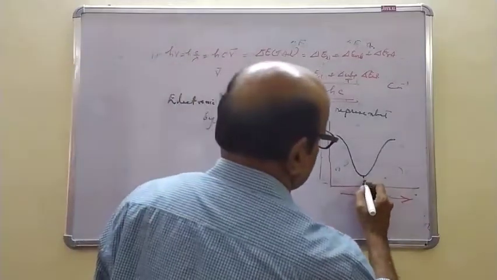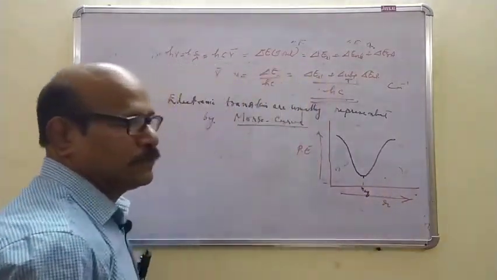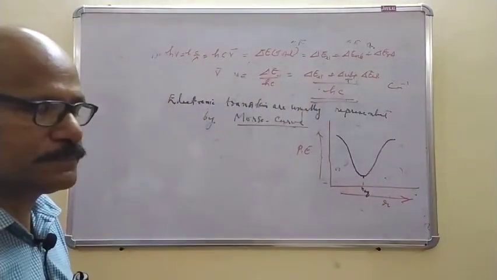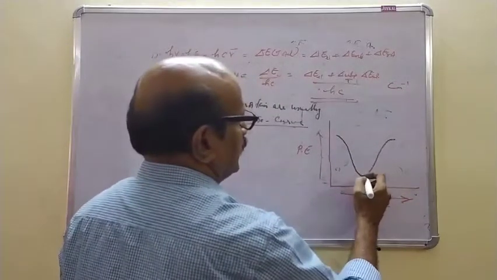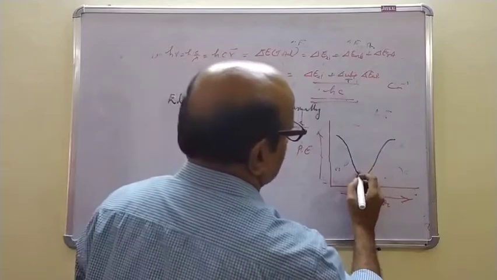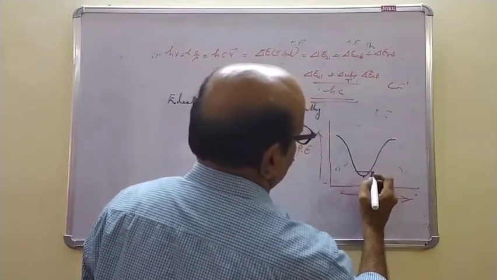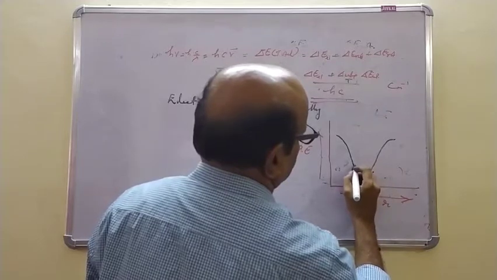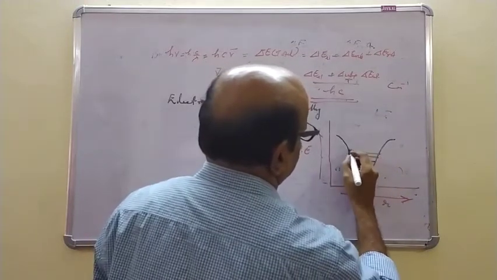So this is the equilibrium internuclear distance, and this is the ground electronic level, which consists of a large number of vibrational levels, that is nu.